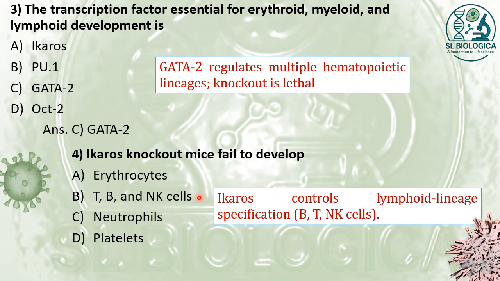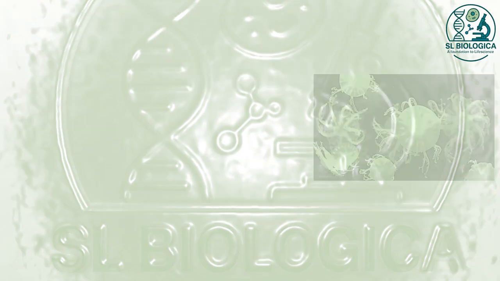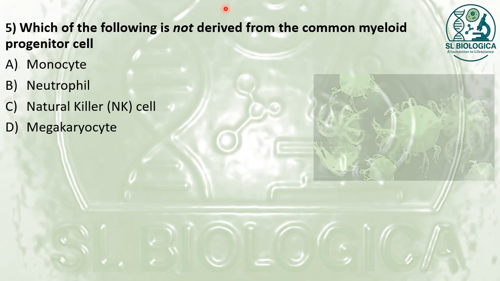So the option T, B, and NK cells is the correct answer. So yeah, option B is the correct answer. Ikaros knockout mice will fail to develop the T, B, and NK cells. Okay, clear? So now let's move to the next question.